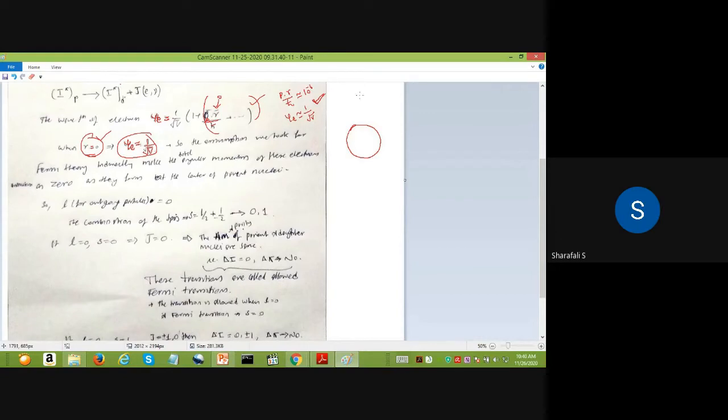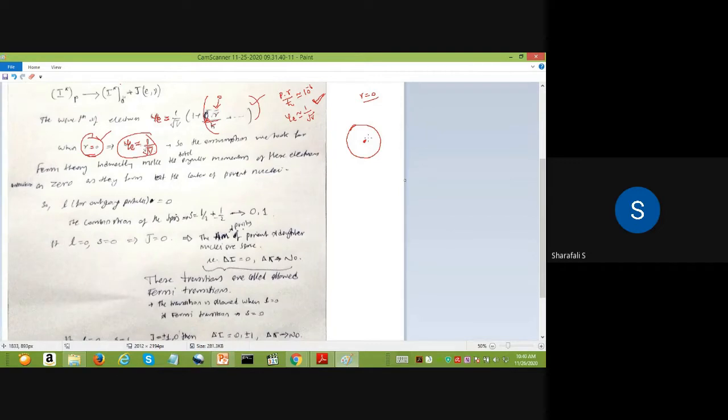Which means that when r equals 0, your electron is formed at the center of the nucleus, or in the decay process it is generated at the center of the nucleus. Then this r value becomes 0, and correspondingly psi_e becomes 1 by root V.